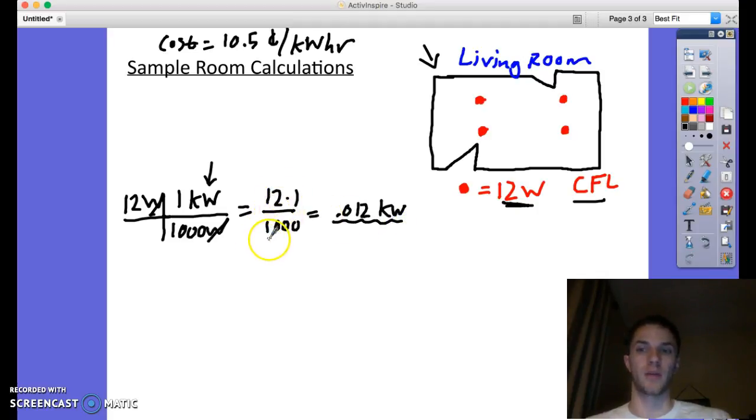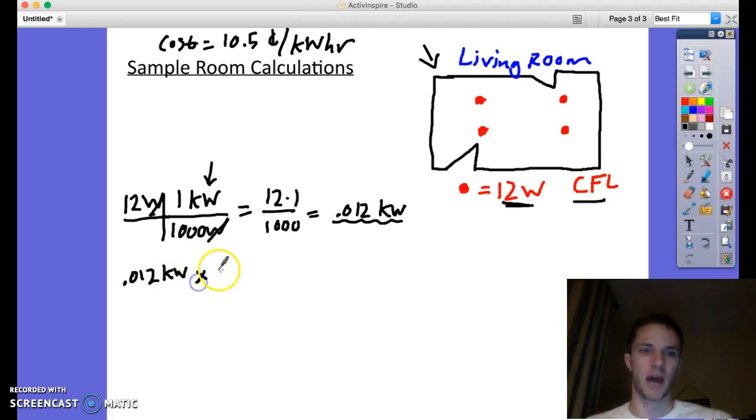Now I need to think about how much time this bulb is going to be used during a day. So if I have 0.012 kilowatts, let's think about a given day. In a given day, let's say I'm at work and then I'm sleeping, so I'm gone for a large part of the day and I'm not using the light bulbs.